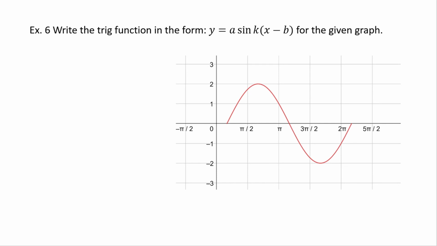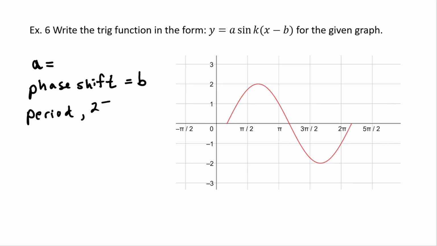To complete this equation, we need to find the values for the amplitude A. We also need to find the phase shift, and that phase shift will give us the value that's B. And we also need to find the k associated with the period. We need the k in 2 pi over k.